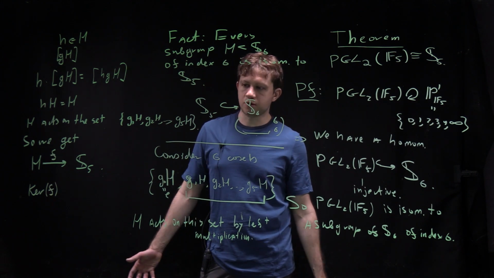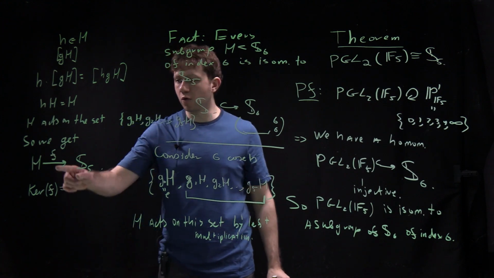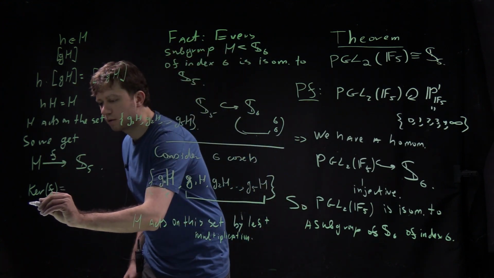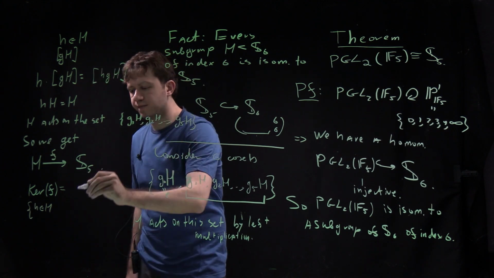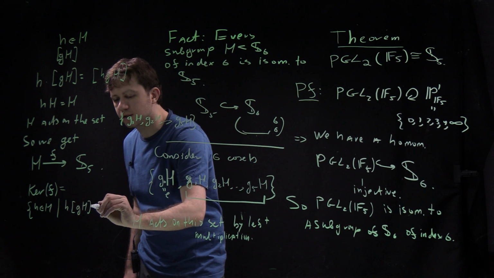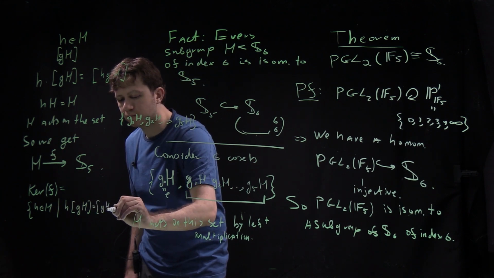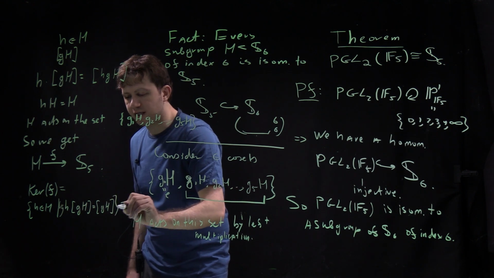Okay, let's look at it. The kernel of F is the set of h in H which fix every coset, such that hgH is gH for every g.